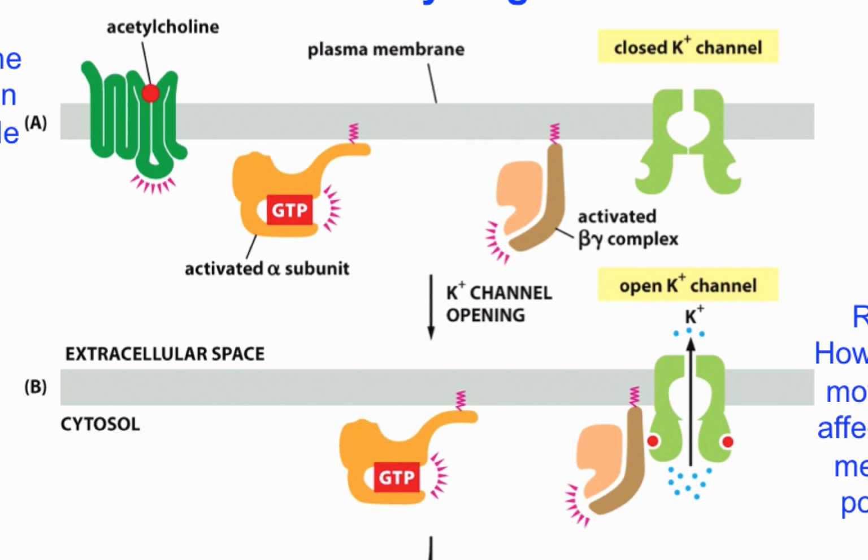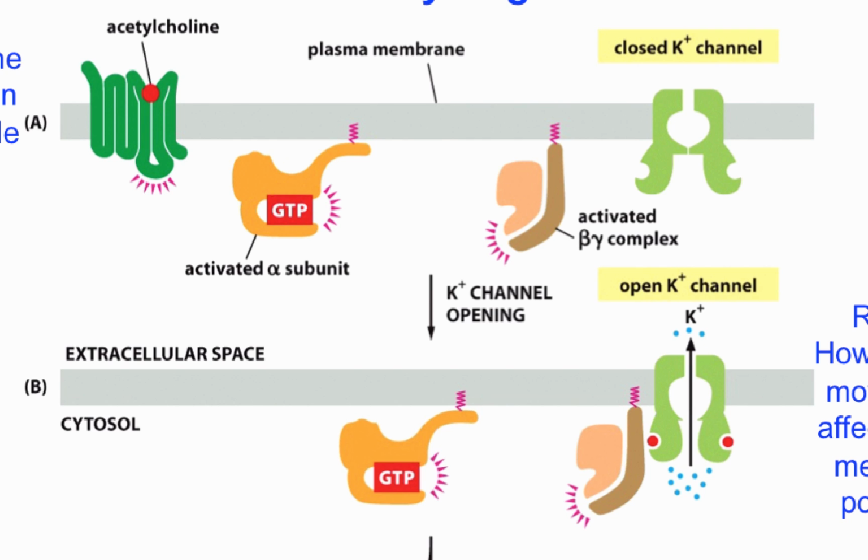So acetylcholine bound to the 7-transmembrane receptor is going to induce activation of the G protein, in particular the beta-gamma subunit. It's going to allow it to interact with a closed channel. That closed channel is a potassium channel. So when the activated beta-gamma complex interacts with the channel, that opens the channel to allow potassium ions to leave the cell.